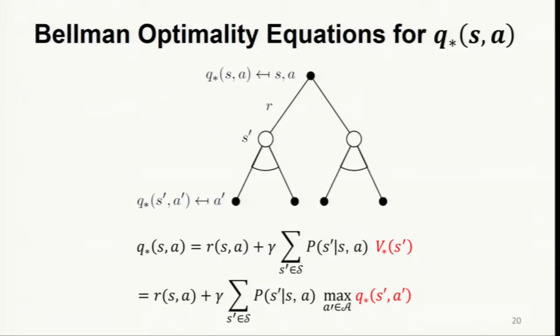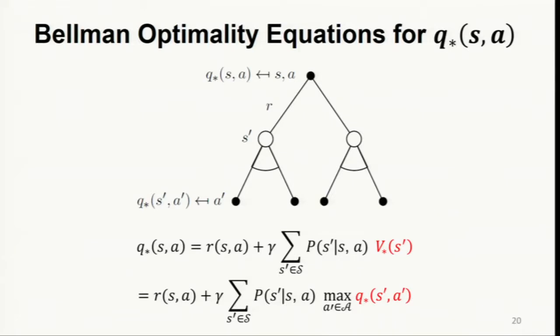So R S A plus the probability of getting to this state, and then what is the value of this state? And this will equal the max Q S A. Then when you are in this state, you actually choose the action that gives you the maximum action value, instead of just doing the expectation over all possible action values.